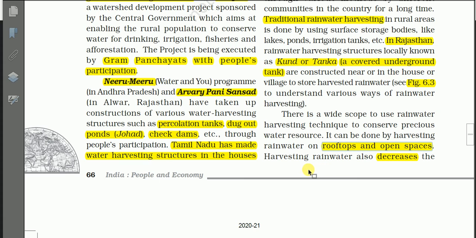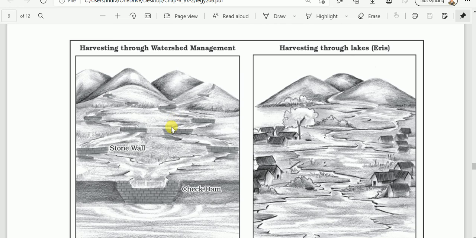But nowadays this rainwater harvesting has been decreasing due to implementation of these other multi-purpose river valley projects. Now let us discuss the different methods of rainwater harvesting.